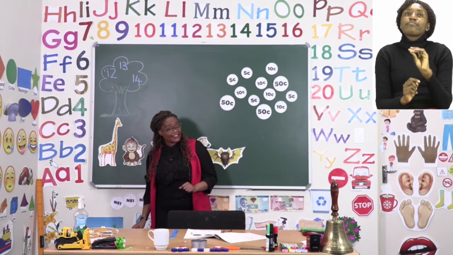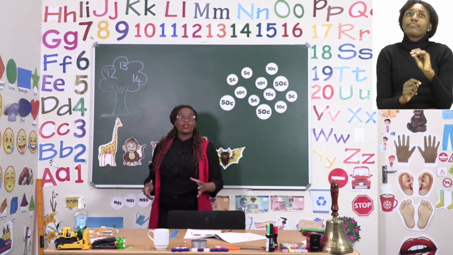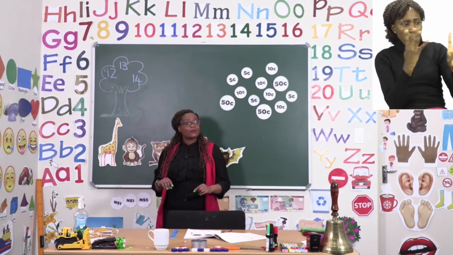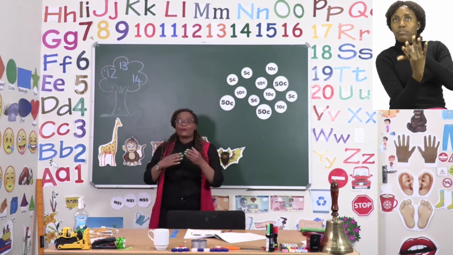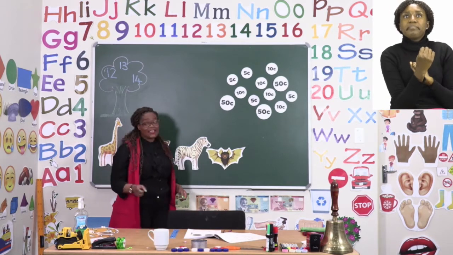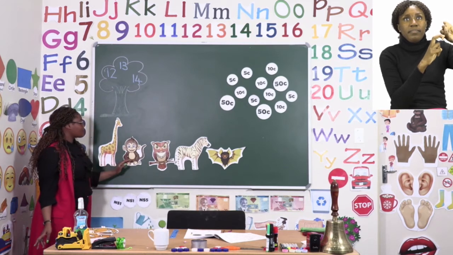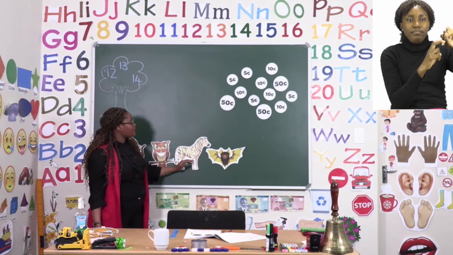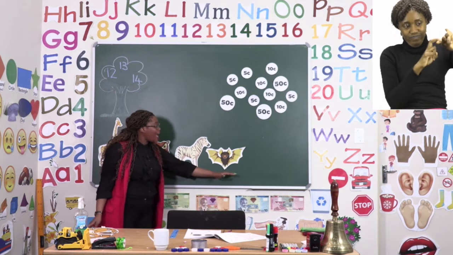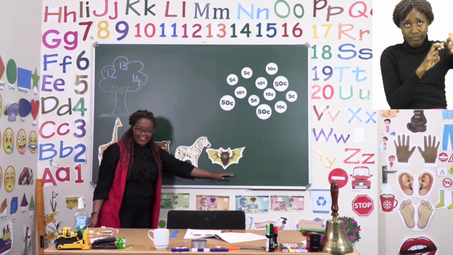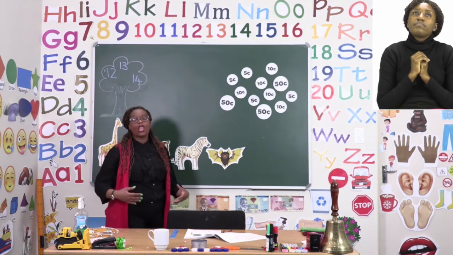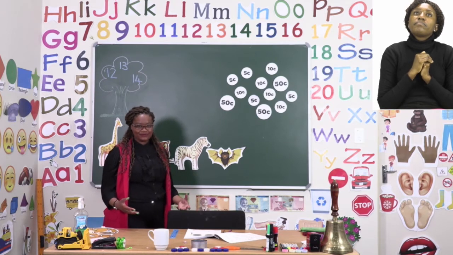And then, when we're looking at last, we're talking about the animal that is standing at the back. In this case, if we are saying our giraffe is first, then all the other animals, the one at the back is our last animal.